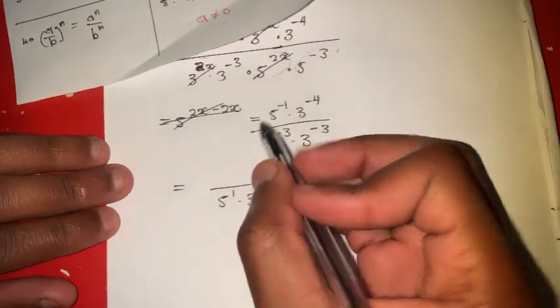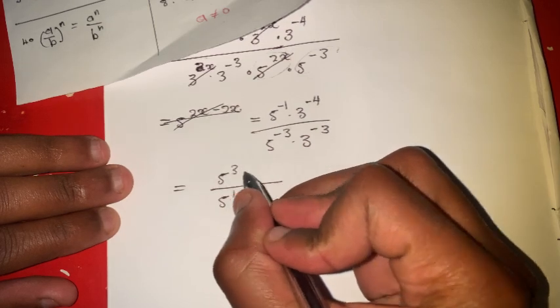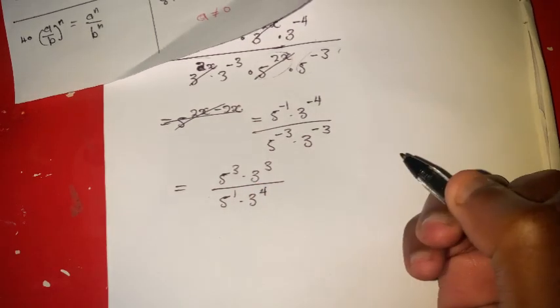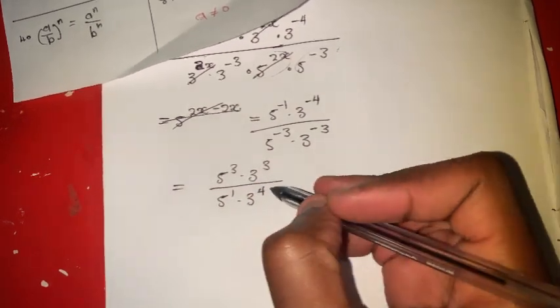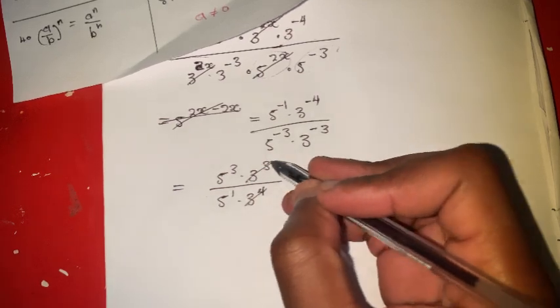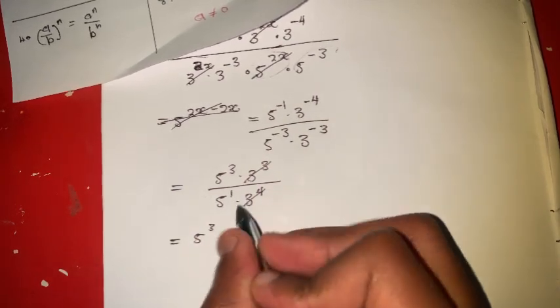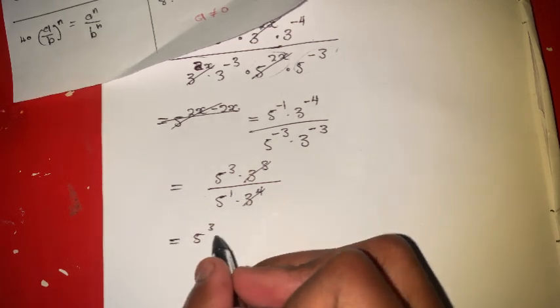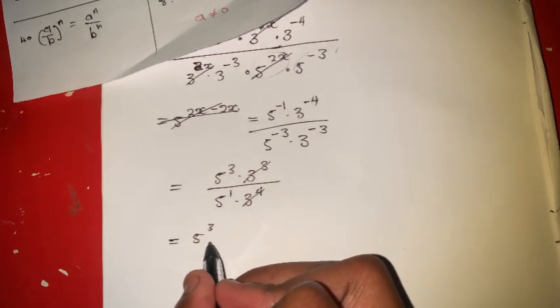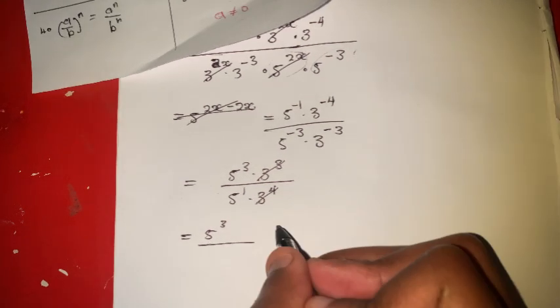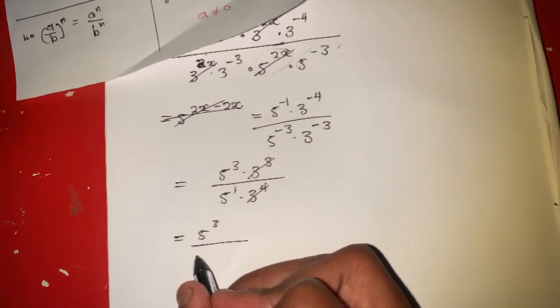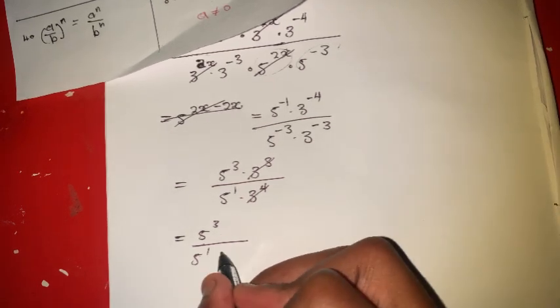So these will go on top. What you can see here is that this will cancel this, and you'll be left with 3.